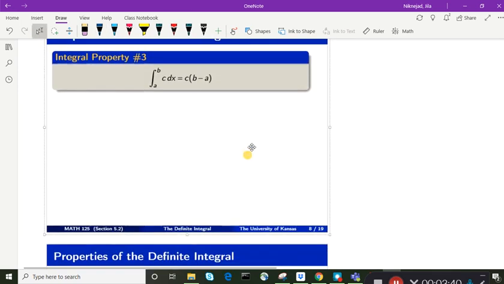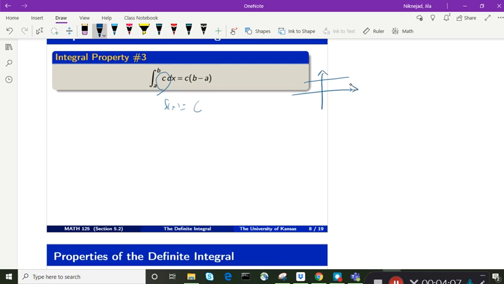Now, integral property 3: the integral from a to b of c dx is equal to c times (b minus a). What does this mean? Look at the integrand. The integrand is this part right there, the f of x part. F of x is equal to the constant c.